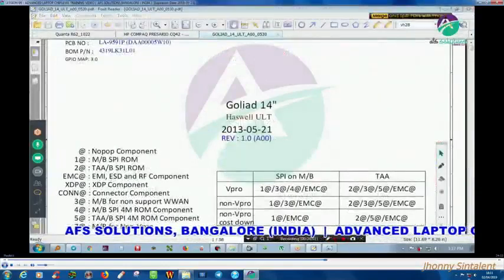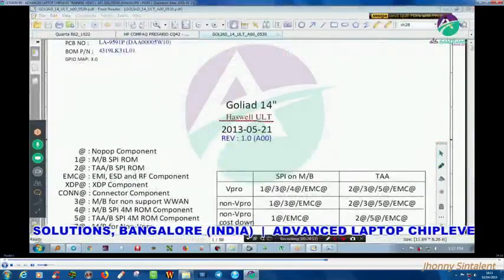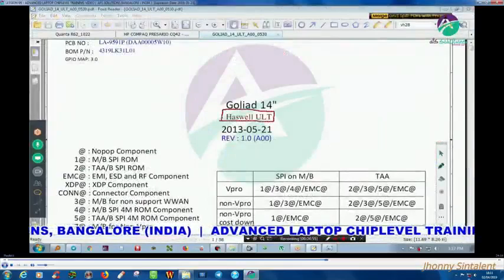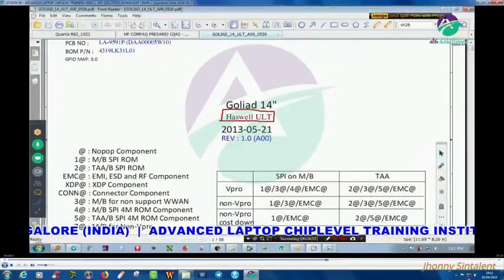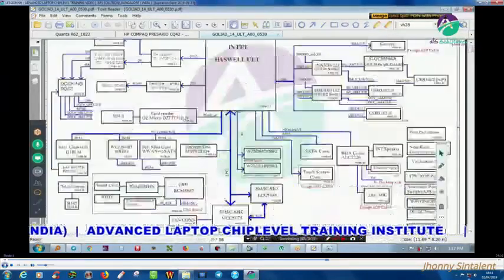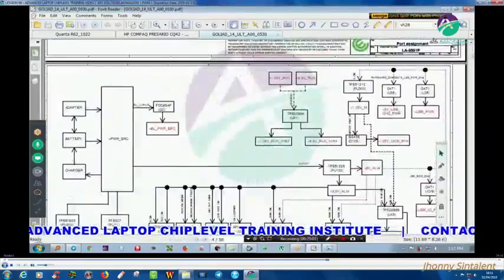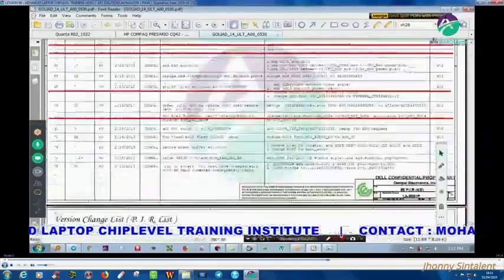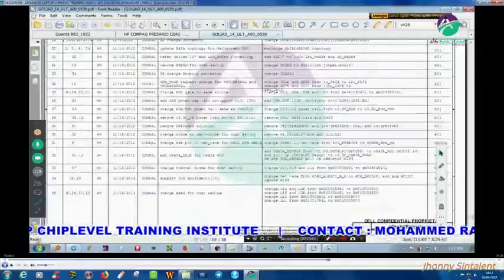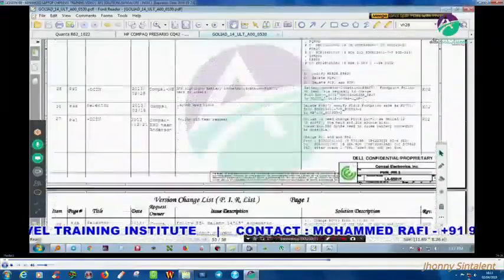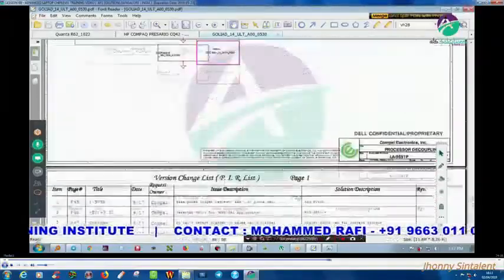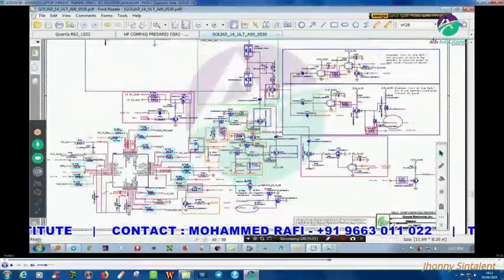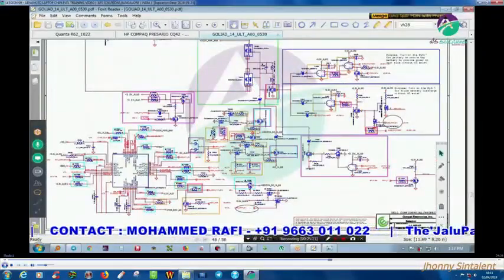This is a Haswell CPU, that means 4th generation. Skylake was 6th generation. Okay, let us go for the Wien part. Dell 3542, that all comes under Haswell CPU only.